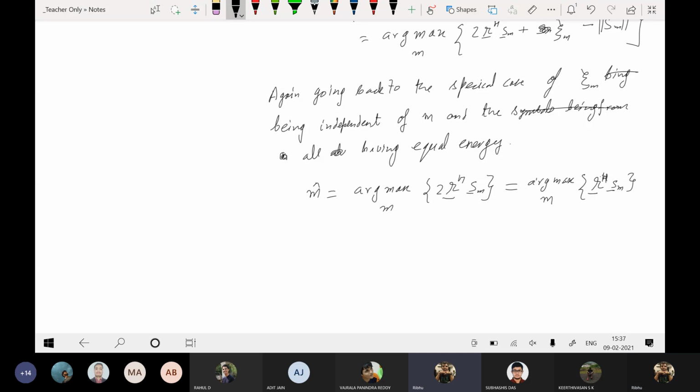Sir, this could have been done yesterday only. So why exactly did we go through such a rigorous procedure, and then now we did the same thing? Short answer, this is how the book did it. I agree with you.